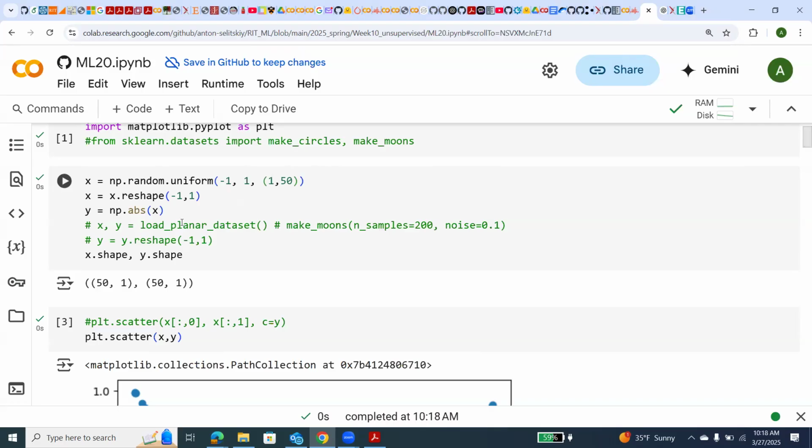But then I also should reshape my x to get a two-dimensional array, because the functions that I wrote were designed for input matrix X. When I create the array of x's, it will be one-dimensional, so I just add an extra dimension to get the shape of 50 by 1 instead of just 50 and a comma.